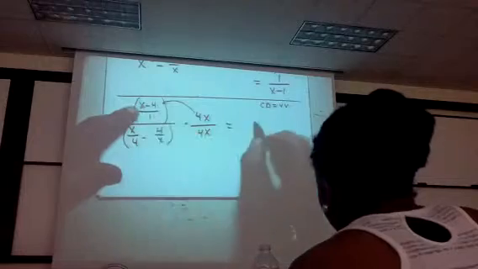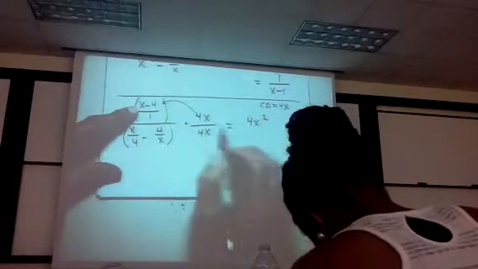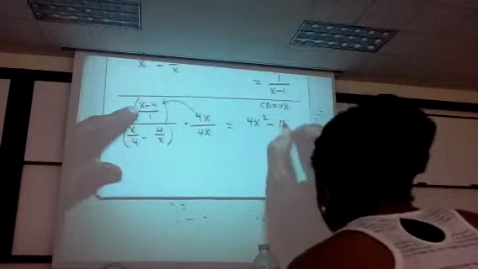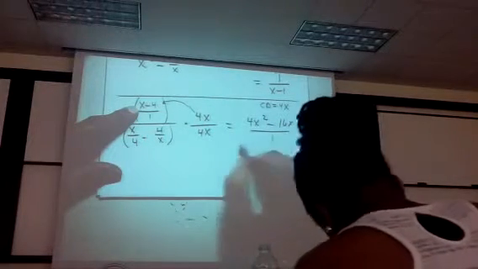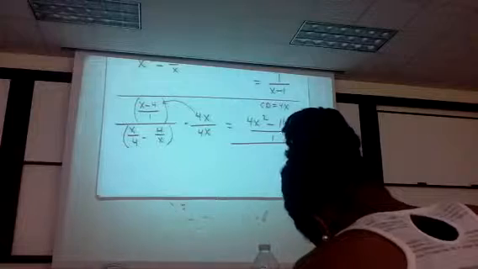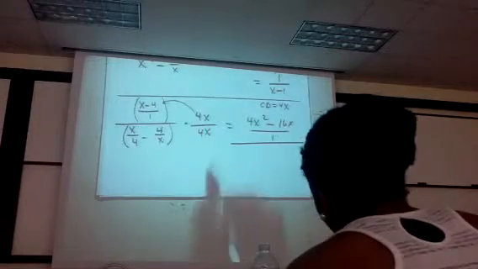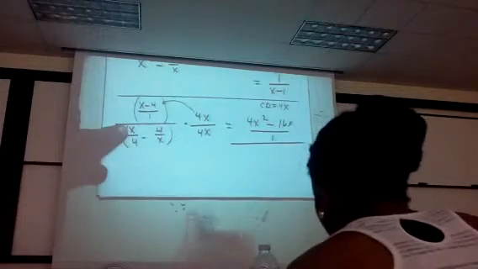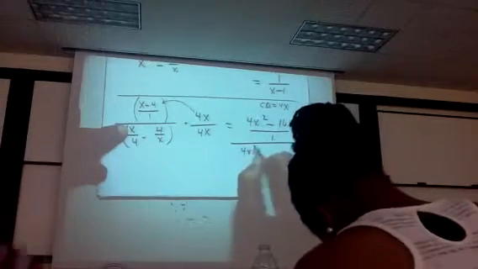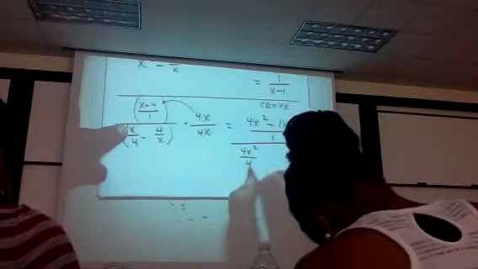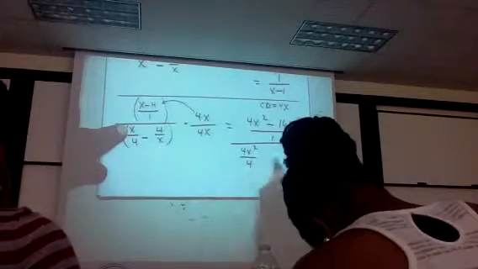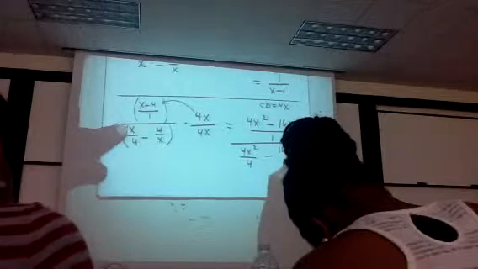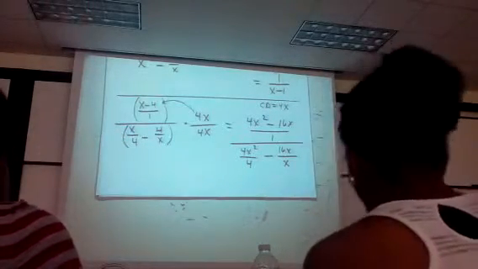So 4x times x is 4x squared minus 4x times 4 is 16x. And to multiply 4x times this fraction, I multiply by the x. 4x squared over 4 minus 4x times 4, it's 16x over x.